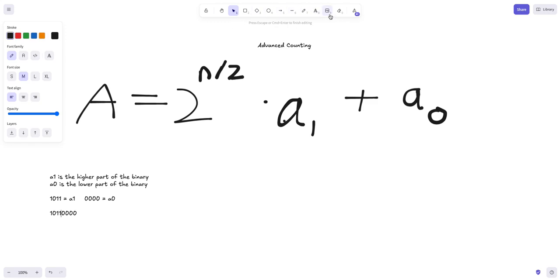Now let's multiply A times B, because that's what we're trying to do.